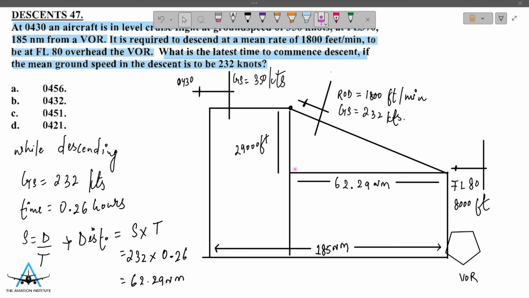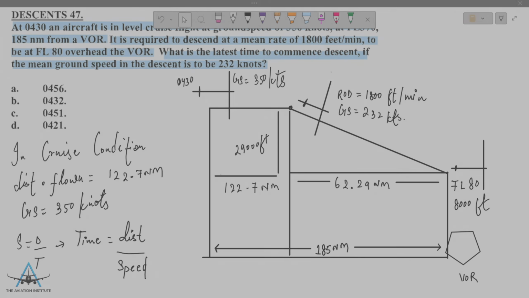Since you know this distance covered during the descent, you can calculate the distance flown by the aircraft in straight and level condition. This distance is going to be the entire 185 nautical miles subtracted by 62.29 nautical miles. When you subtract, you'll get this distance as 122.7 nautical miles.